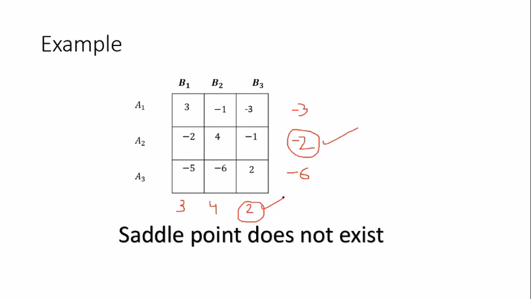And one more point I think I forgot to include in the previous lectures: whenever the maximin and minimax are not equal, you do have some information about the value of the game. Your value of the game, your final value, which will be your ultimate answer when you solve the question completely, will lie between these two values. The value of the game always lies between the maximin and the minimax.